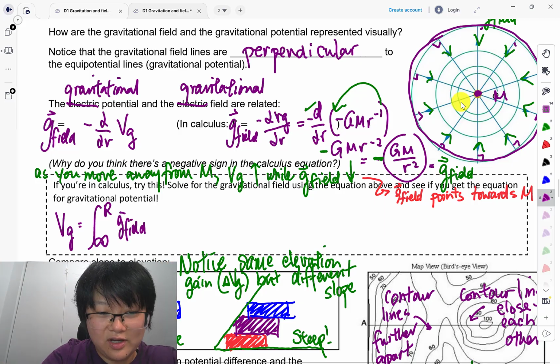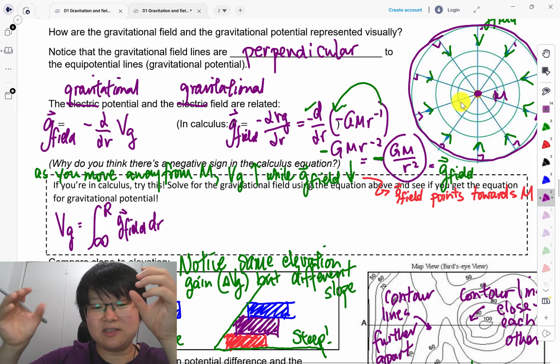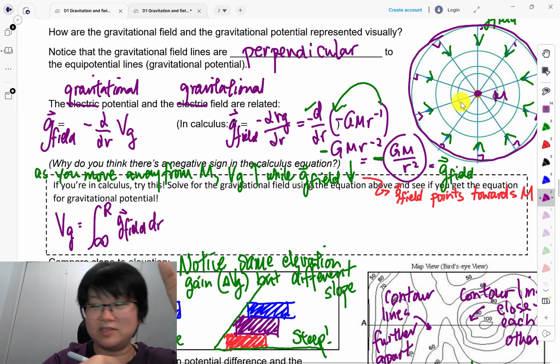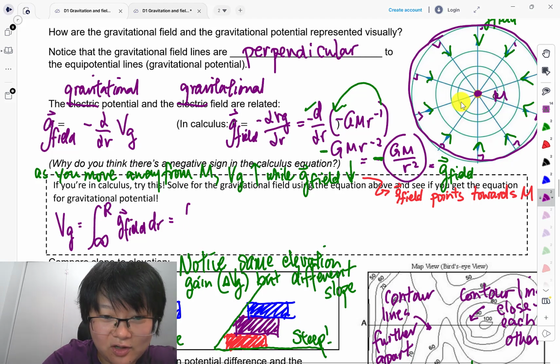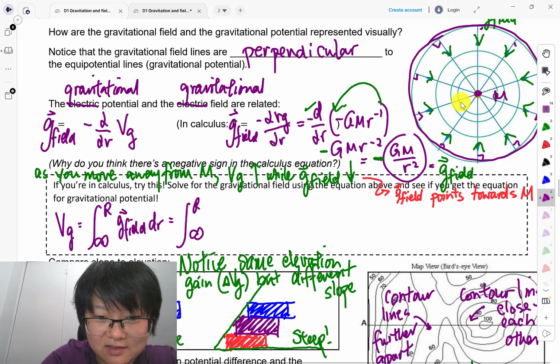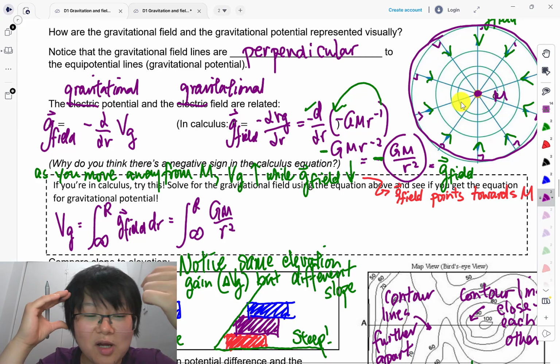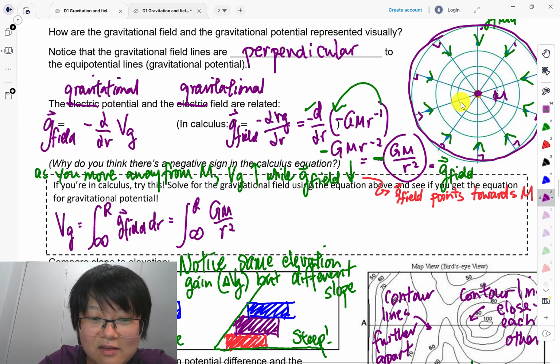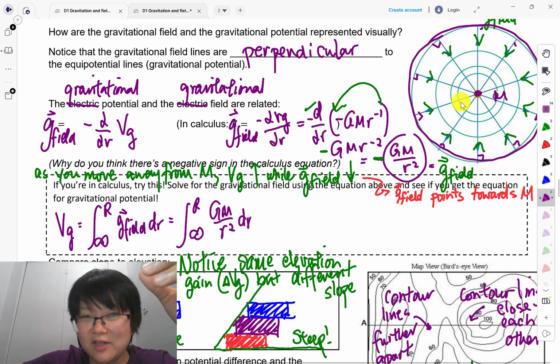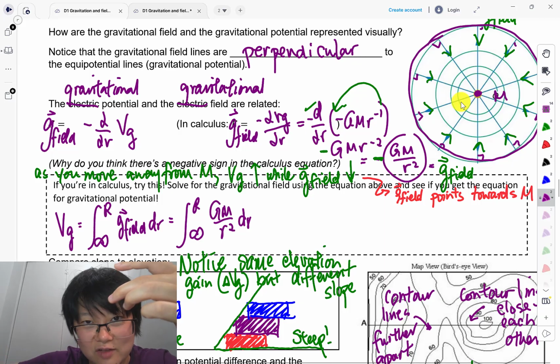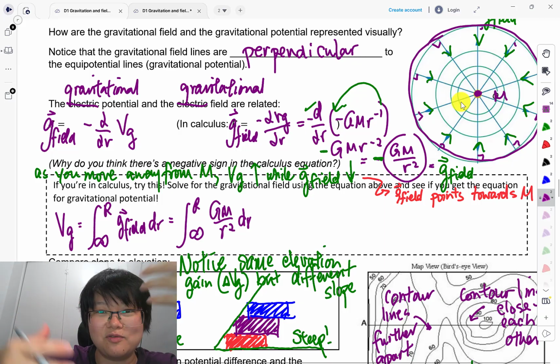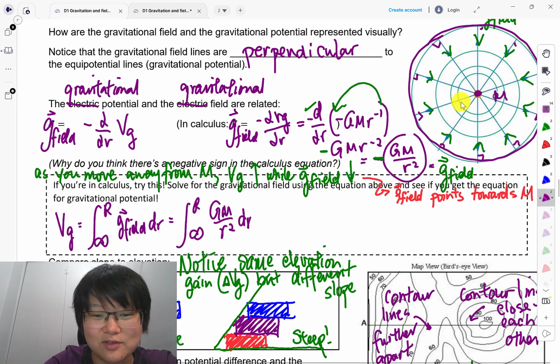We cut up the g field into small pieces, dr, and sum all those pieces together. Putting in the equation, we get big G big M over r squared. And you're probably wondering why I'm not putting in the negative sign here, like I did before. Keep in mind, we're integrating from infinity to r, which is in the direction of the gravitational field. So there's no need for that negative sign, for those of you who are detail-oriented.